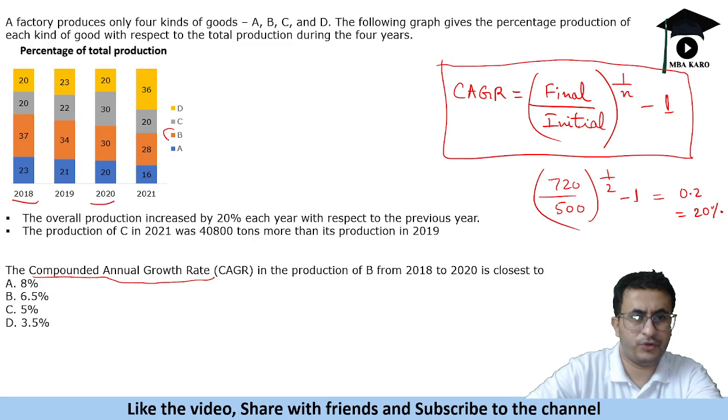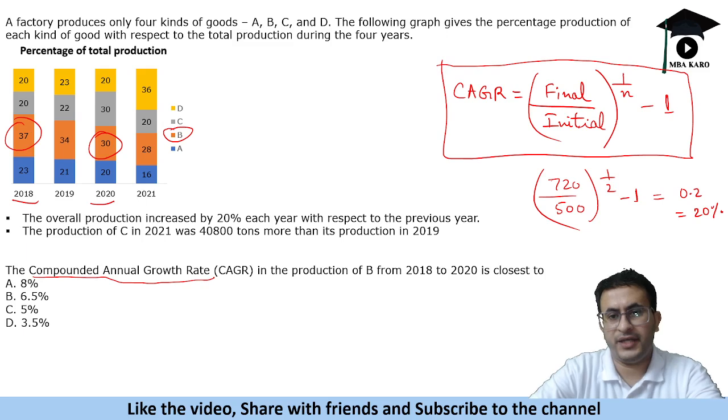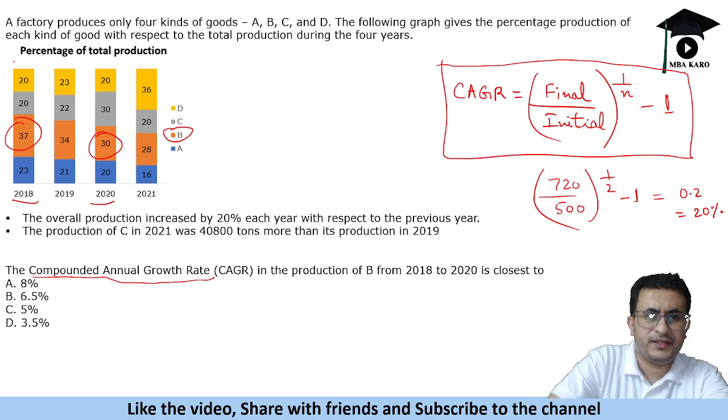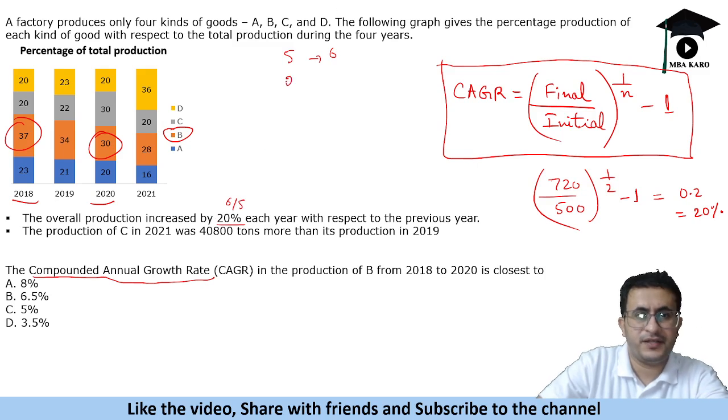Okay, so CAGR of B from 2018 to 2020. We are talking about B, and these are the values, right? Now again we can use the same relation here. Now how will we do this? See, I told you if there are two variables, take 5 and 6. 20% means it is 6 by 5 times. So if there are two values, with a 2 times increase, use this relation.